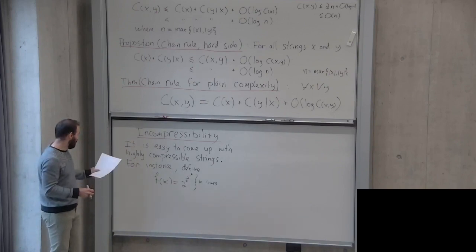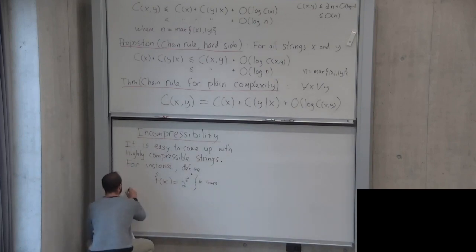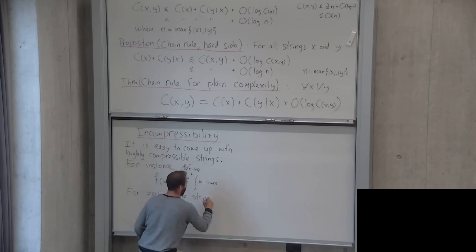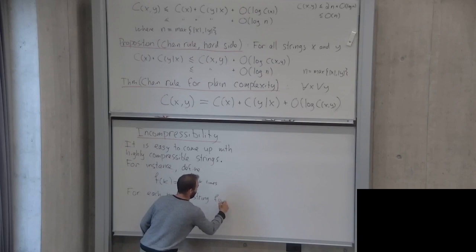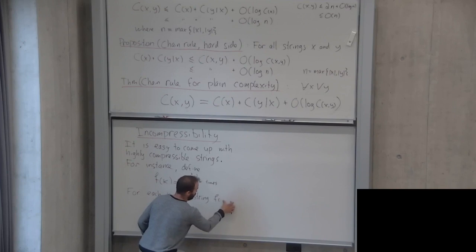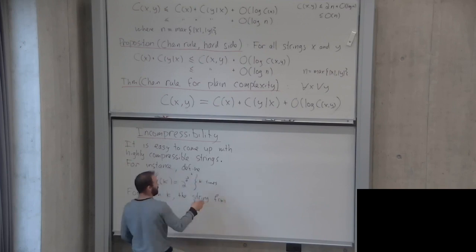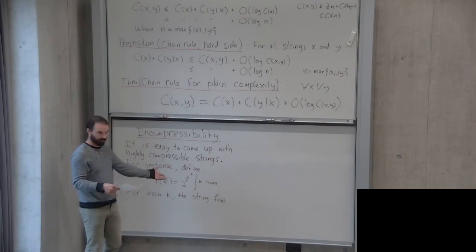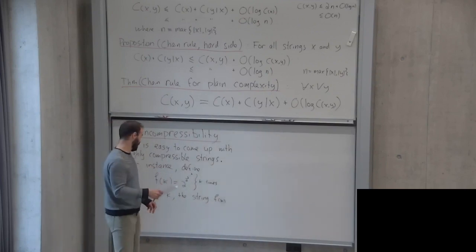Now, observe that for each k, maybe fix one k if you want, or the string f of k. What's f of k? F of k is a number. I've defined it as a number, but each number can be mapped into a string. It's going to be a long string to write down.